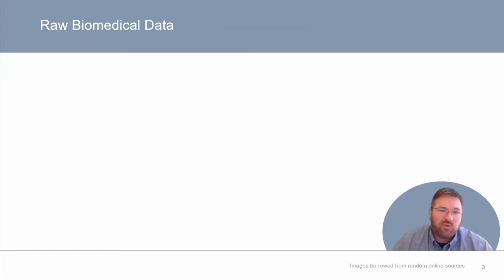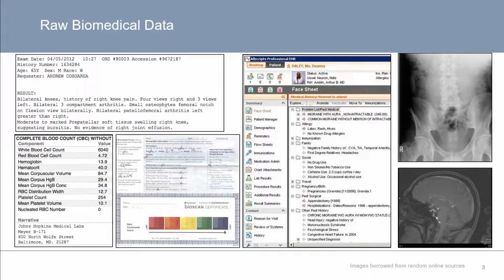Diving in, anyone who's worked with biomedical data will probably tell you that it can be a significant challenge. First off, raw biomedical data can come from many sources and in many forms. For example, it could come as clinical notes, test reports, electronic health records, or photographs such as X-rays or MRI scans.